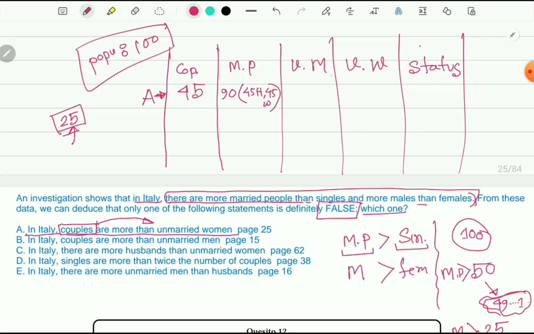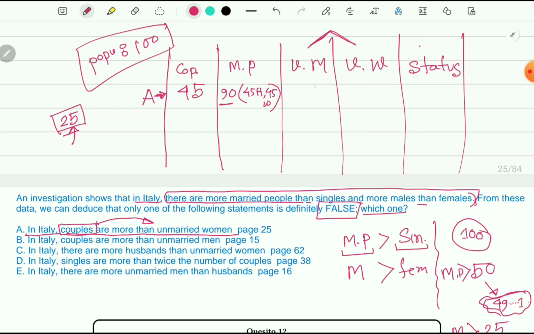So how many are unmarried women and unmarried men in this special case? 10, because our total population is 100. So the remaining 10 are unmarried men or women, and in the question it was said that unmarried men are greater than unmarried women, I mean more males than females. As married men and women are equal, the difference comes from unmarried women and unmarried men.